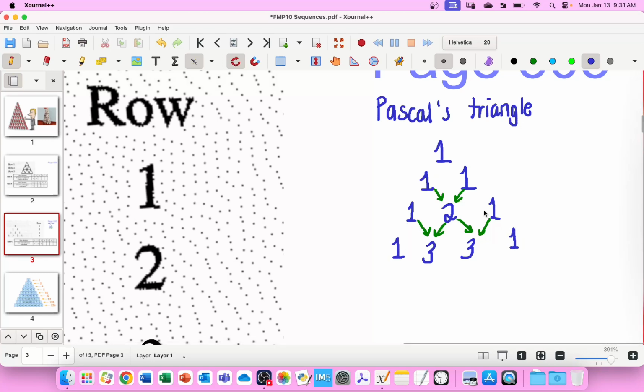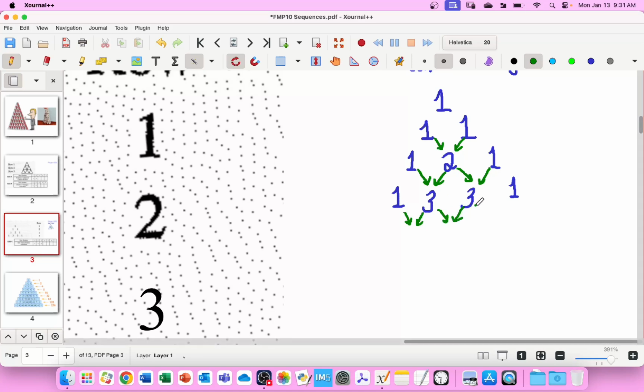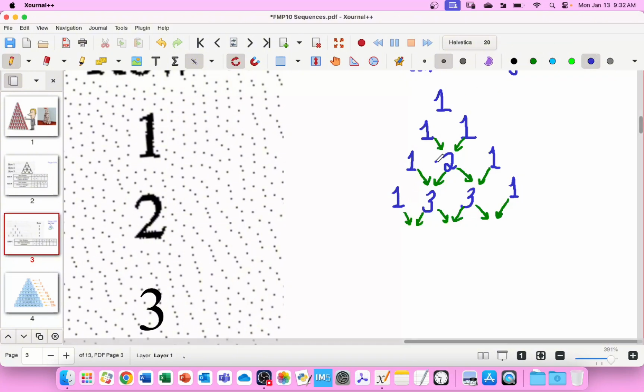We could keep doing this forever, basically, if we wanted to. Let's just do it for a couple of rows so we get a sense of how it works. 1 plus 3 is 4. 3 plus 3 is 6. 3 plus 1 is 4. And again we continue with the 1 on the diagonal.